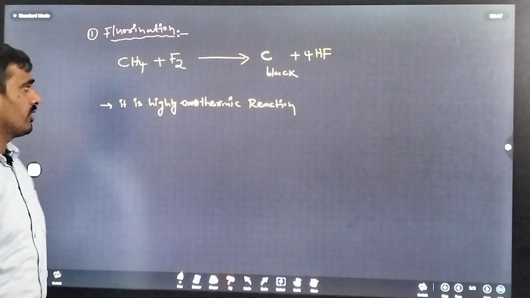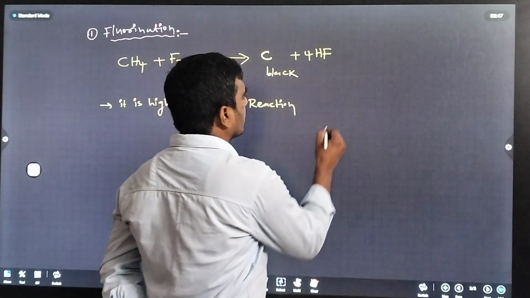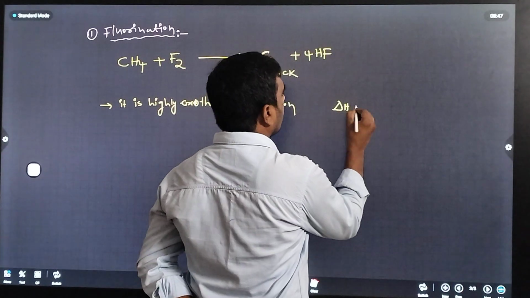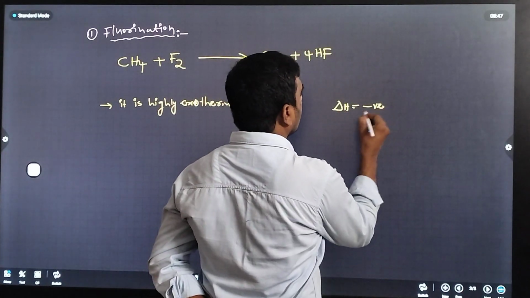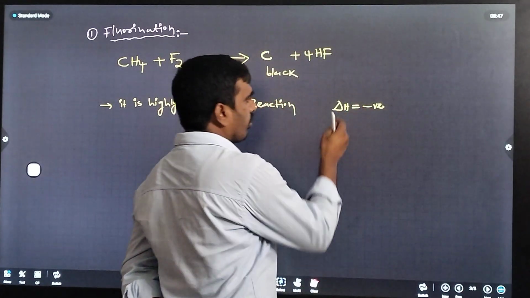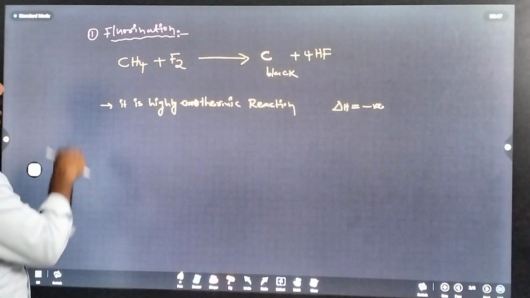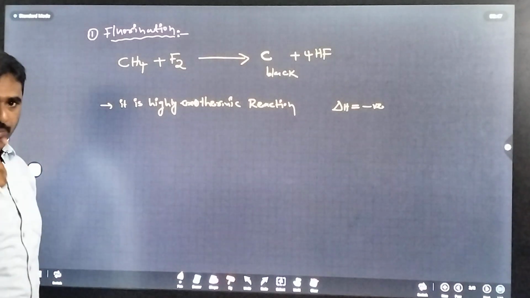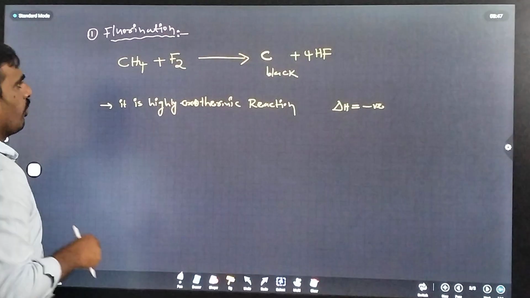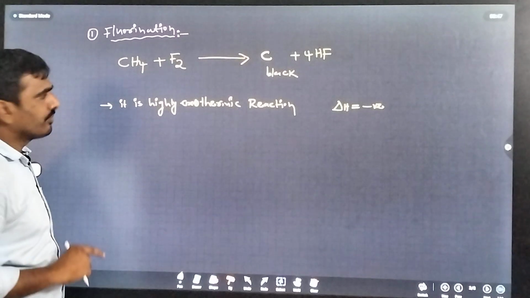For an exothermic reaction, the enthalpy has a negative sign, indicating that energy is released. Only one line is given in NCERT.